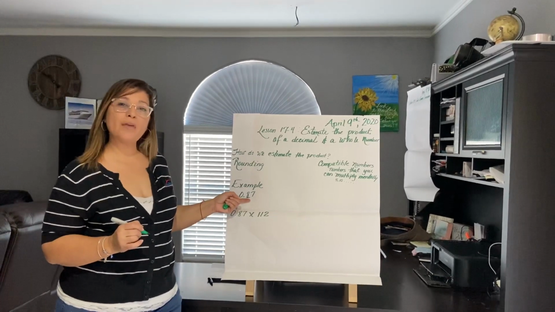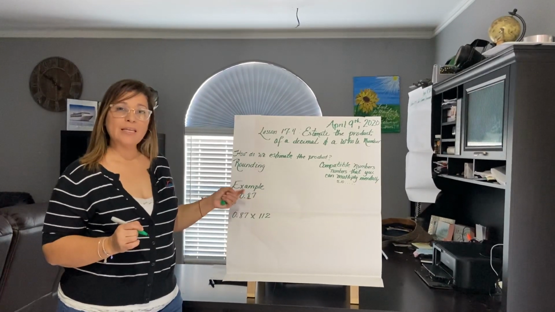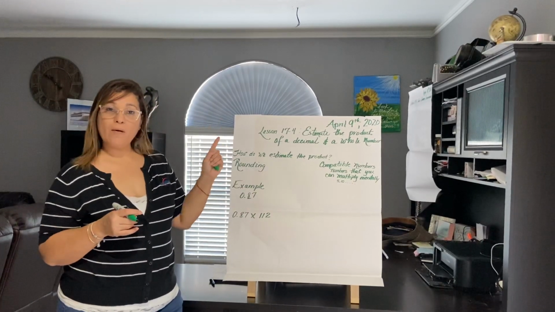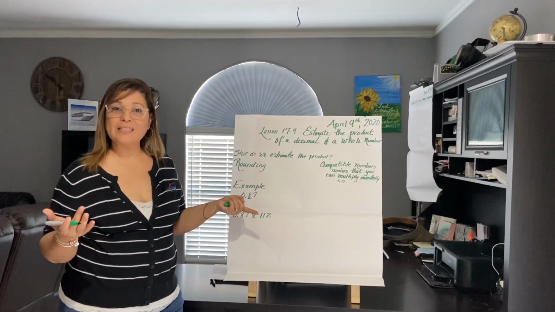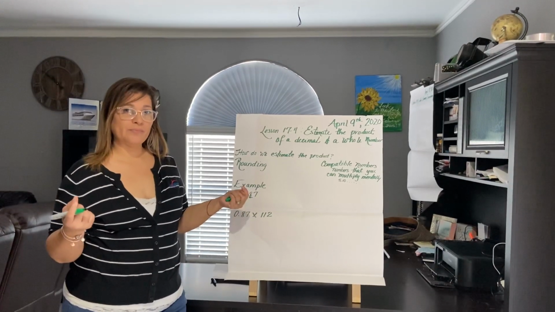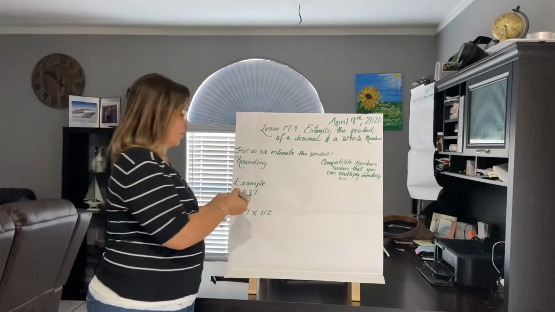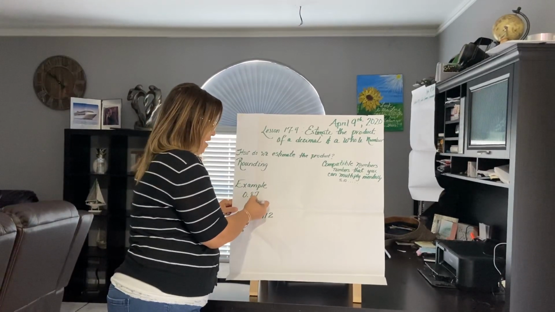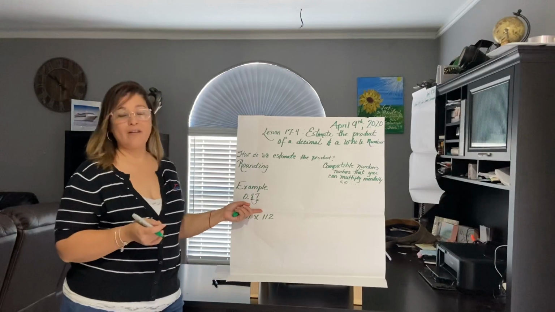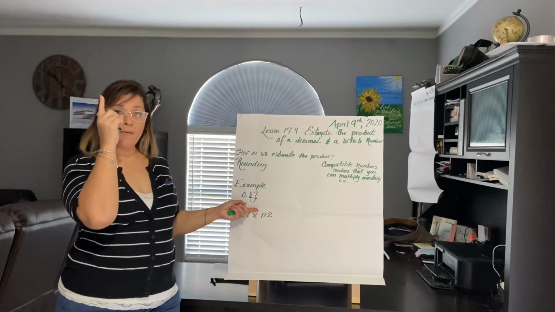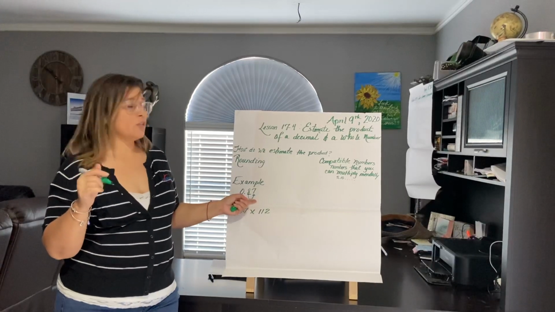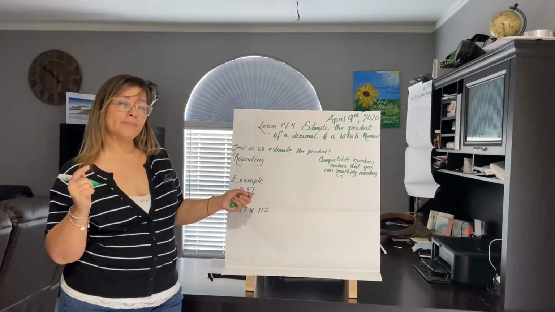So that's the number that we are going to round. Now, how do we know if my number is going to go up or is it going to stay the same? Let's see if you guys remember. That is correct. We look at our neighbor. Our neighbor is our indicator if it's going to go up, one more space, or it's going to stay the same. So when does it go up?